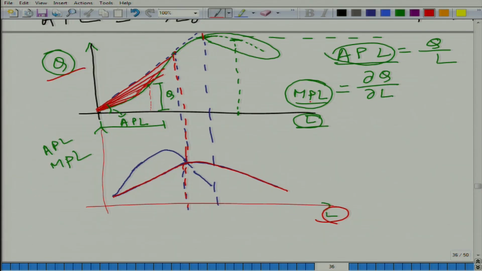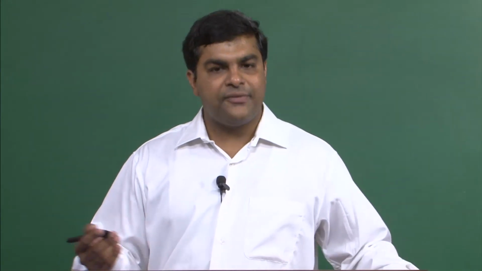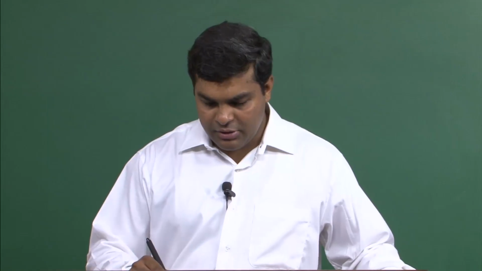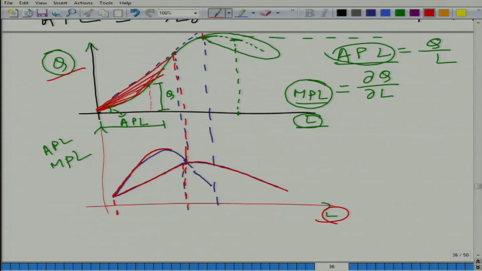At labor input equal to 1, APL and MPL both are equal, but after that the rate of increase of MPL is higher than the rate of increase of APL, or in other words, MPL is increasing at a faster rate than APL. So, it goes up and then it starts coming down. Again, it is not to scale, it is very rough.